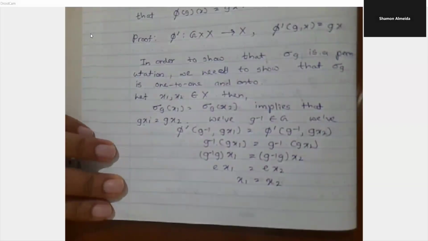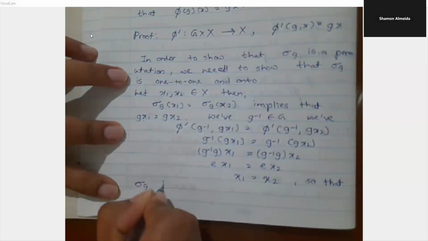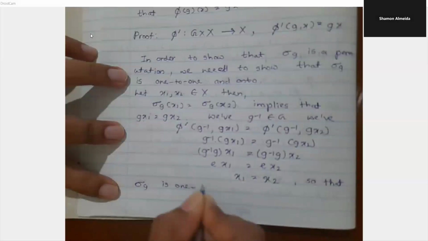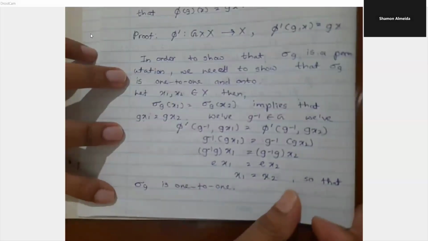So I'll write that phi g is 1 to 1. Now we have to show that this is onto. So let's take any element from the set.